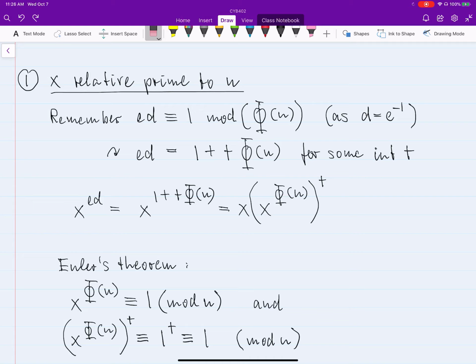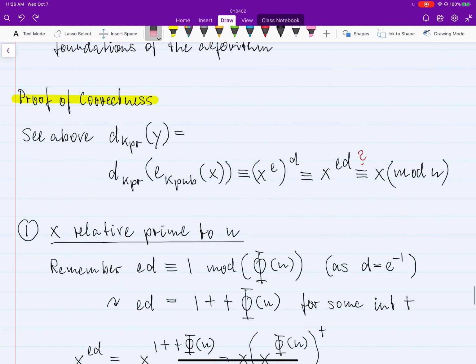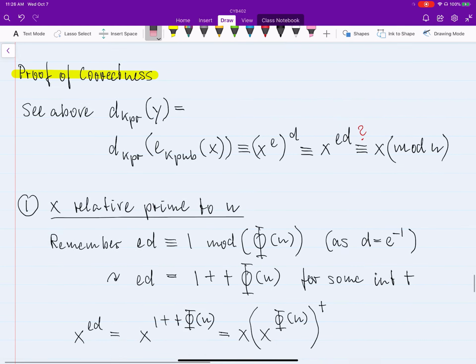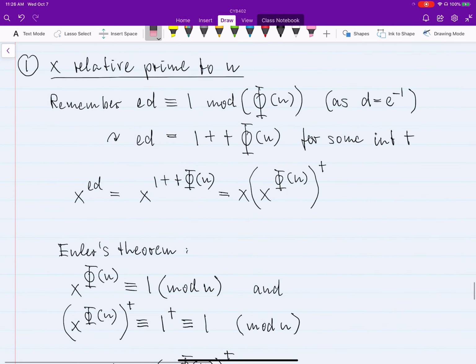Why do we care about the phi of n when all we care about in the encryption and decryption is really n? So all of the modulo operations were being done modulo n. And it's actually here in the proof where it becomes clear that the phi of n plays such an important role.